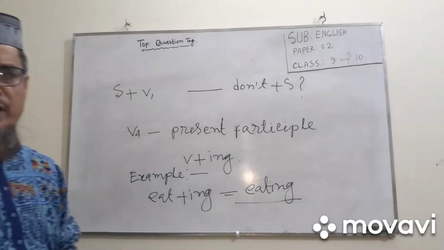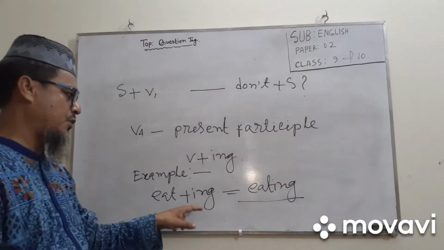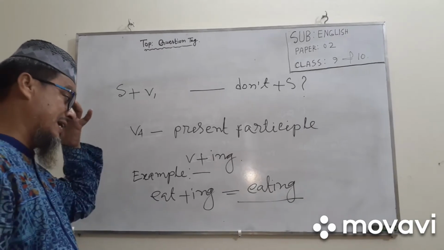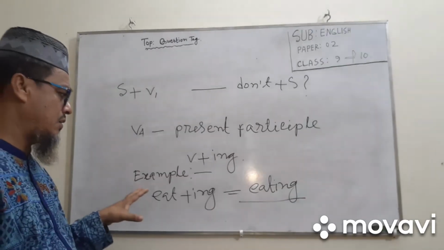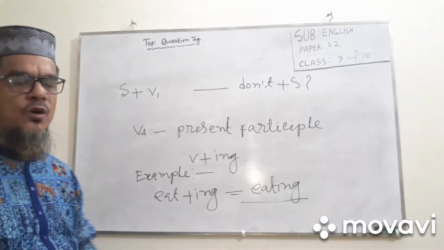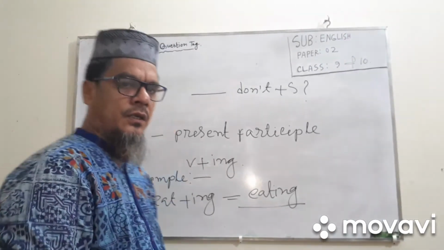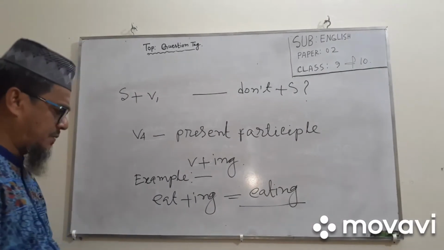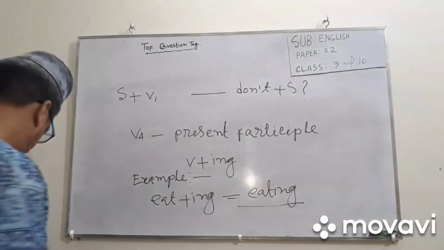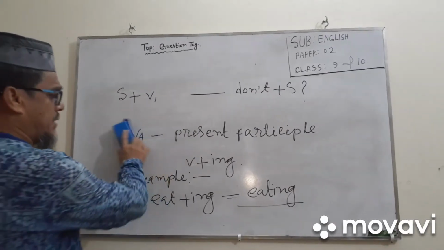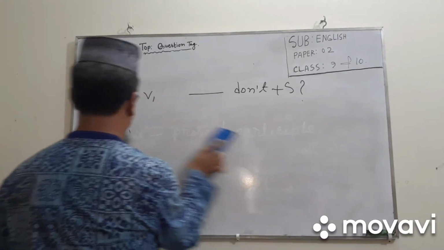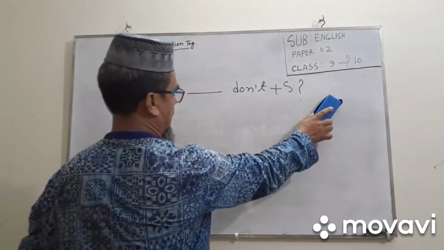In the same way, we can form this formation. When we add ing with a verb, that means the fundamental form or basic form of a verb, it must be regarded as present participle here. Okay. Then we can say in a word that present participle is a very simple matter.